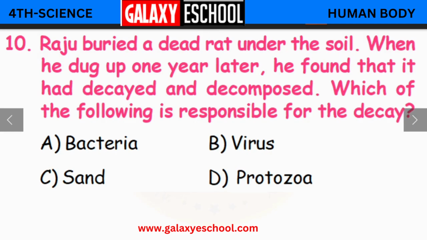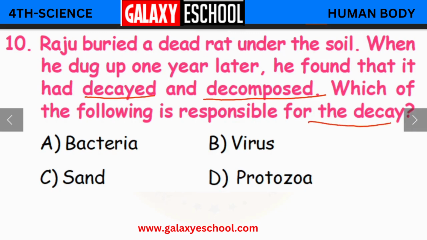After 1 year, he found it had decayed and decomposed. In the sense, the body remains of the rat has been mixed up with the soil. So this is called decomposed. Which of the following is responsible for this decay?